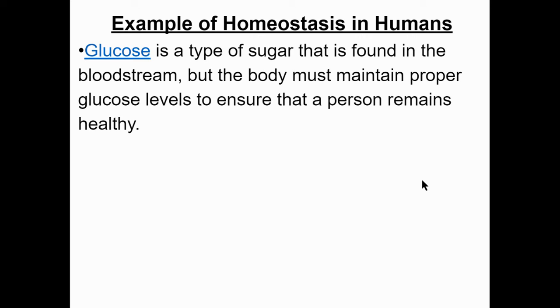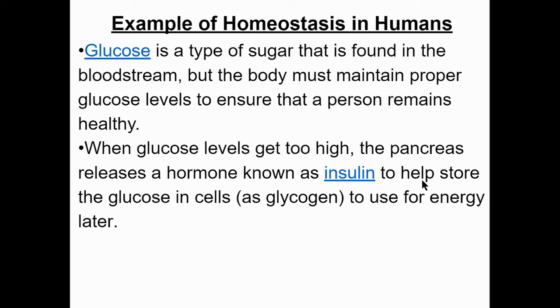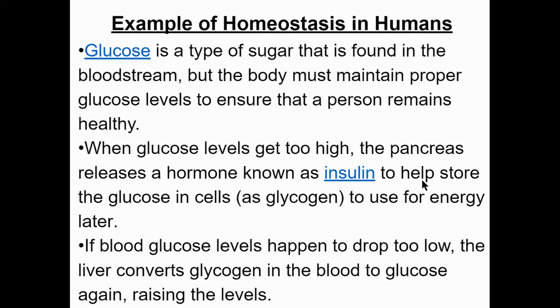If they don't produce insulin, then you can't use the glucose. When your glucose levels get too high, the pancreas releases a hormone known as insulin. Insulin is secreted by the pancreas, and it stores the extra glucose for later as glycogen in the liver when you have too much of it.